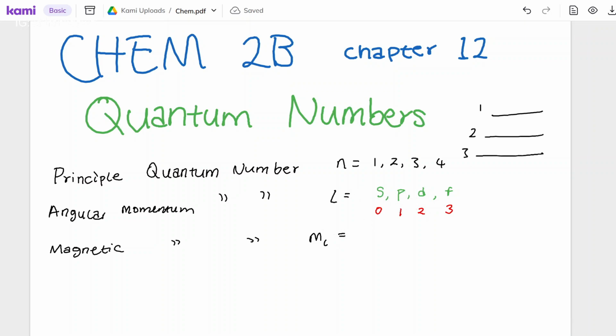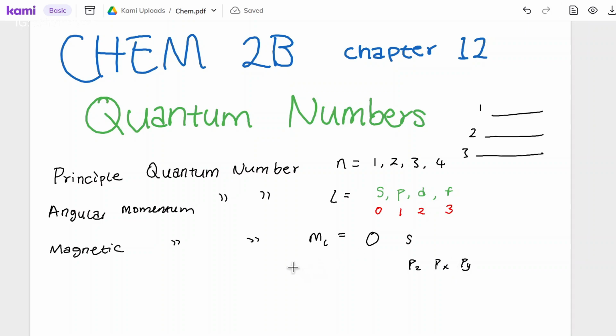Later on in the class, you realize that there's only one possible S orbital, which is just a circle. For the P orbitals, there are 3 possible configurations, which are, I think, the PZ, the PX, and the PY.